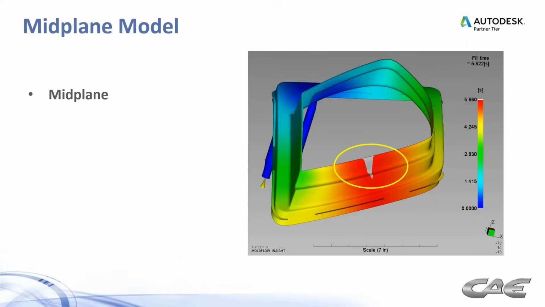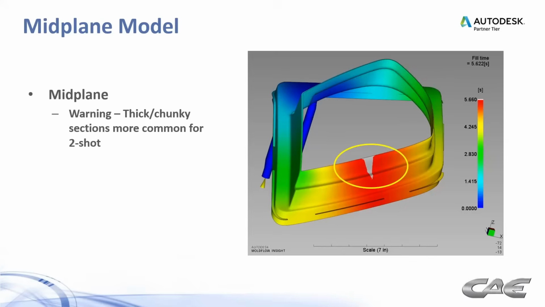And of course, we're going to verify the air trap, and it shows up in the exact same spot. One quick warning about using midplane is oftentimes in two-shot world, some of the wall stock cross sections tend to be thick and chunky. So midplane in some of those cases doesn't do as good a job of predicting filling patterns.